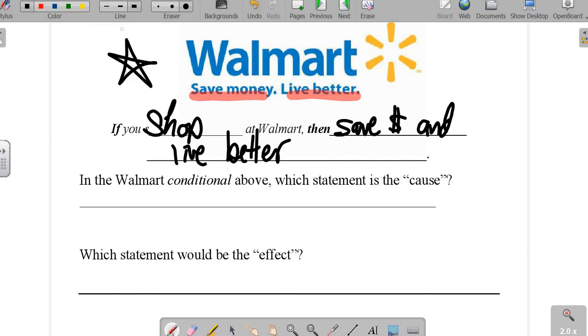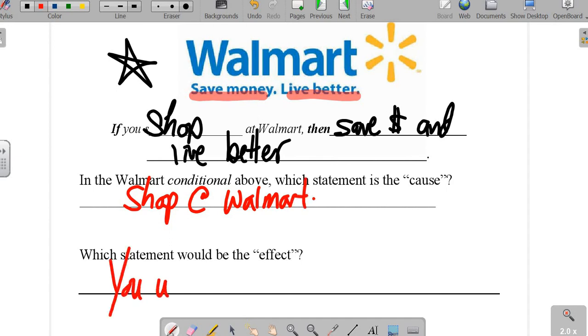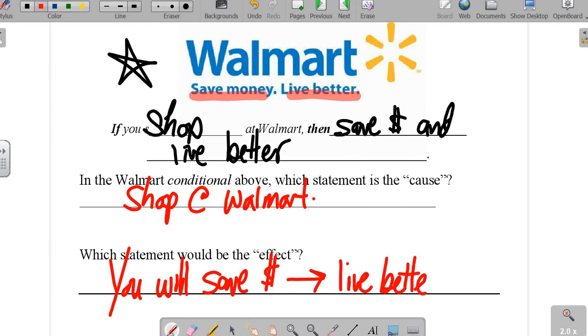And it's a visual conditional statement. The cause is if you shop at Walmart. The effect is you will save money, and therefore, that little symbol means therefore, you will live better. So all advertisements, all commercials are conditionals.